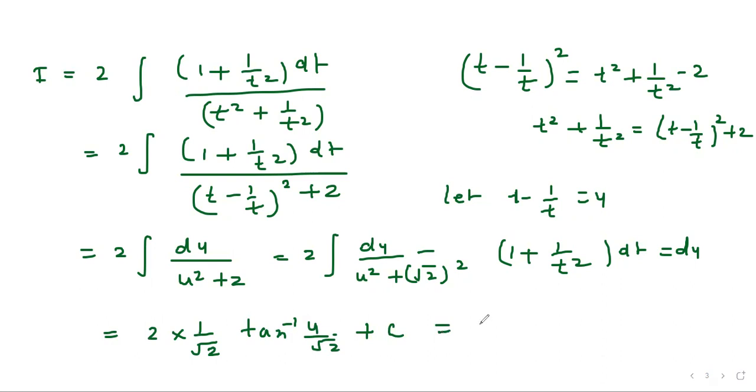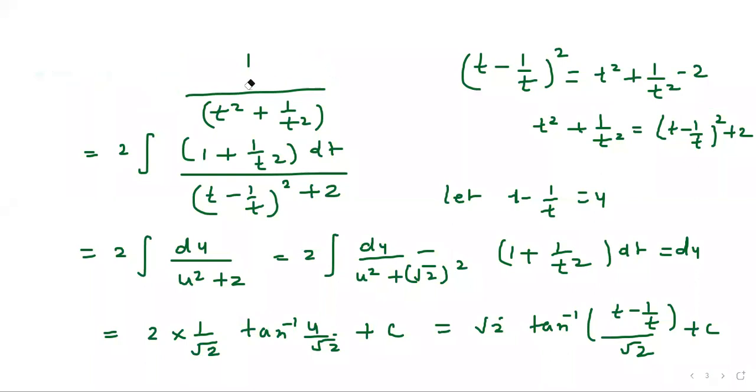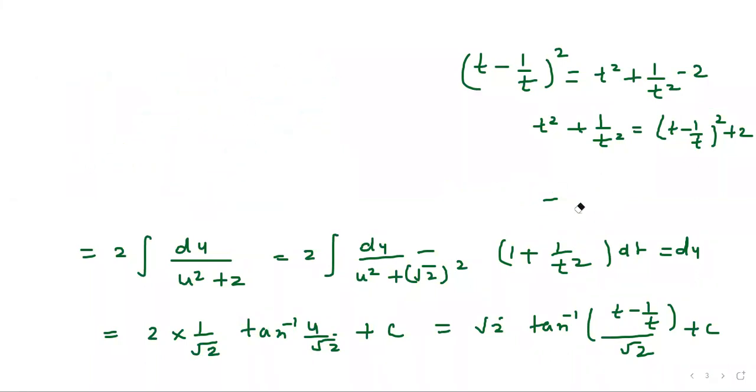Now going back, this will become root 2 tan inverse of t minus 1 upon t divided by root 2 plus c, which can be further simplified. Let's write the value of t. We have taken tan x equal to t square, it means t will be equal to root tan x.